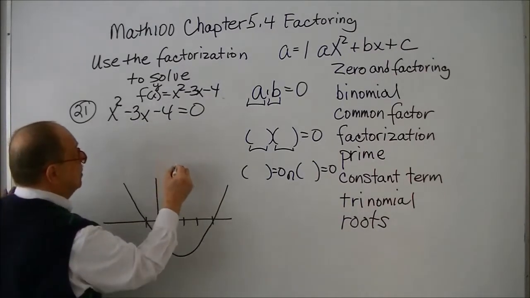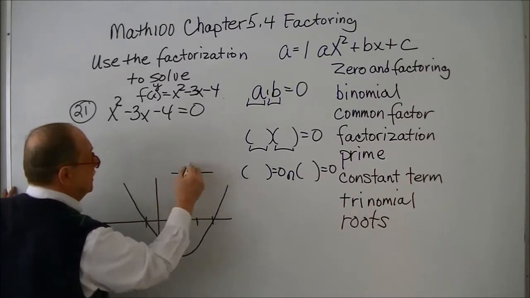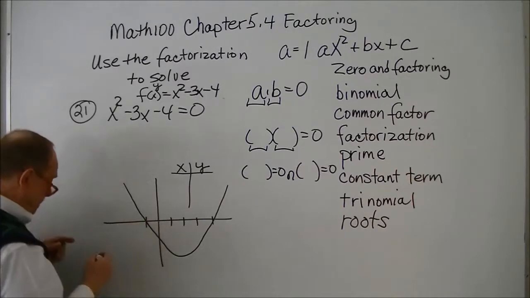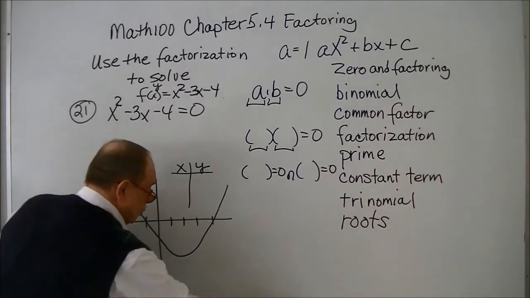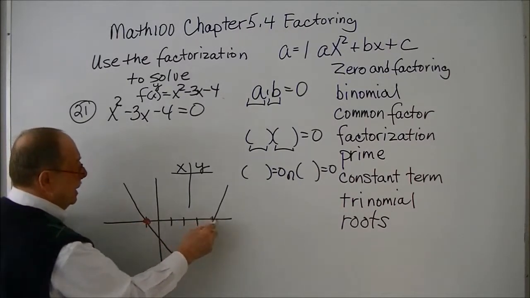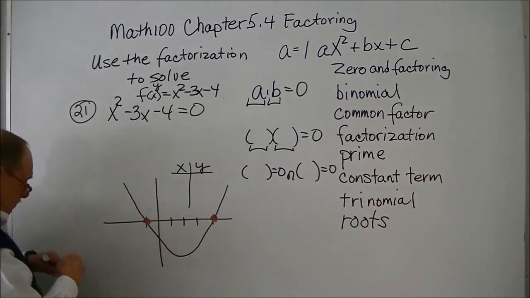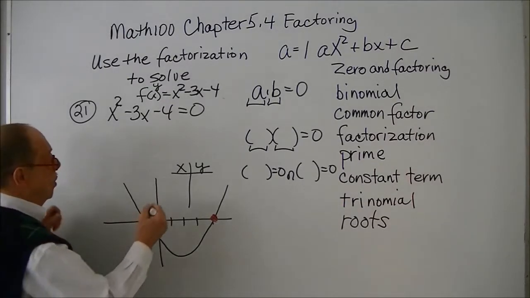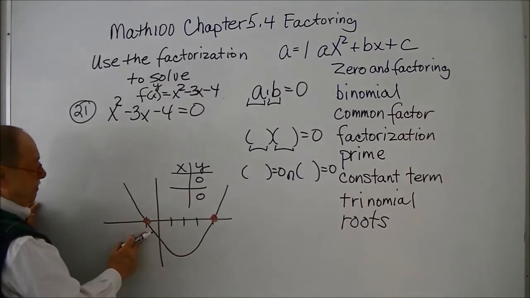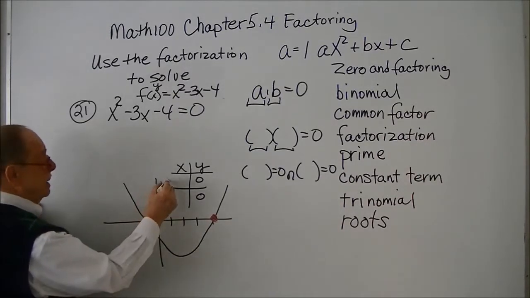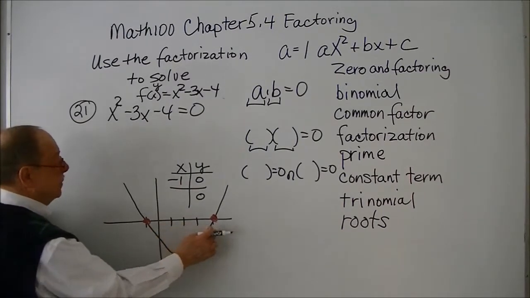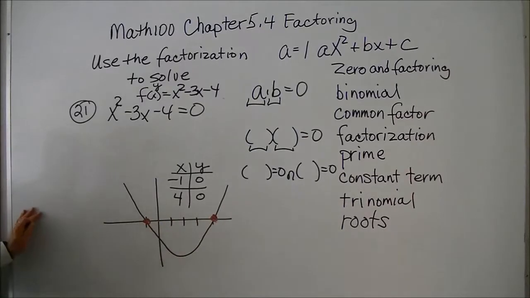So again, it's our old t-chart. And we see, where is y 0? Well, y is 0 at this spot and at this spot. So if our y coordinates are 0 there, what will our x be? Well, our x is a negative 1, and this other x is 1, 2, 3, 4, a positive 4.